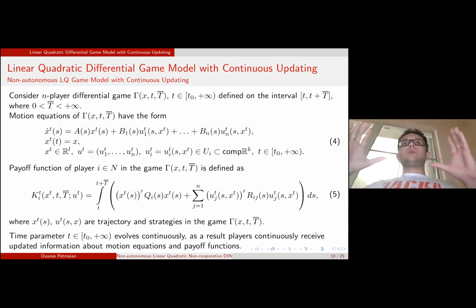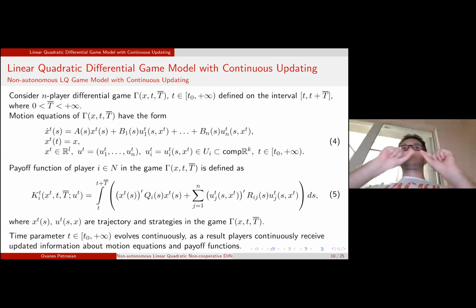We have the same game all the time. The motion equations are not changing, the payoff function is not changing. The only thing which changes is the state x. The state changes, and according to the state the players use some control, which is not a very interesting case to consider.